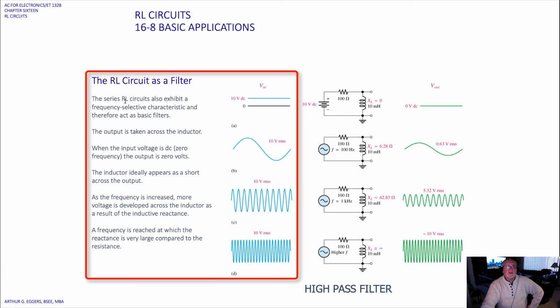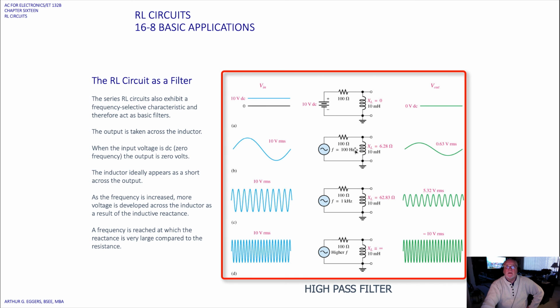Okay, so in this case, the series RL circuit also exhibits a frequency selective characteristic and therefore acts as a basic filter. As we move from DC to 100 hertz to 1000 hertz to a much higher frequency, you can see what happens.